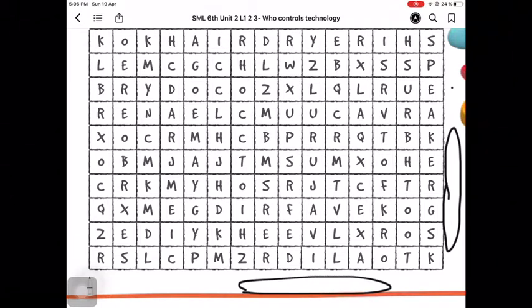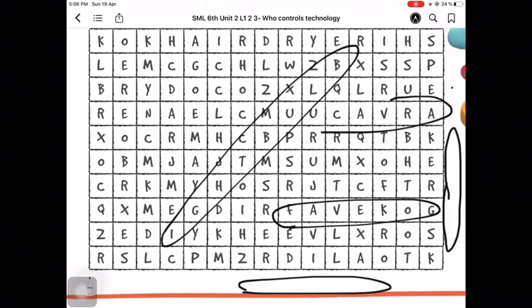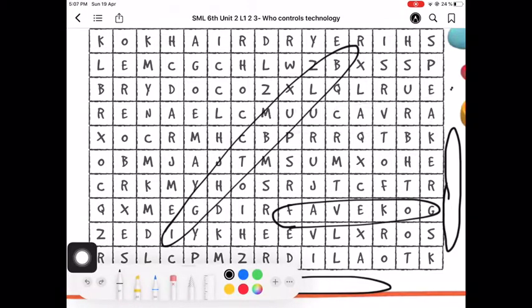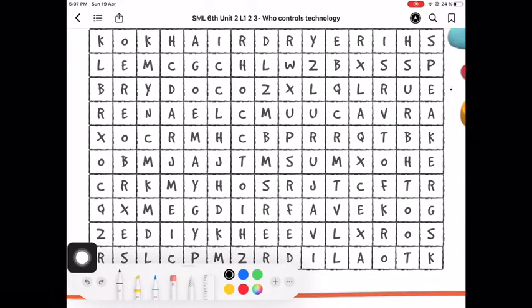You can find the words diagonally, okay, like this. You can find the words from left to right. You can find the words from right to left, okay? So you can find the words in all different directions. Okay? Thank you very much.